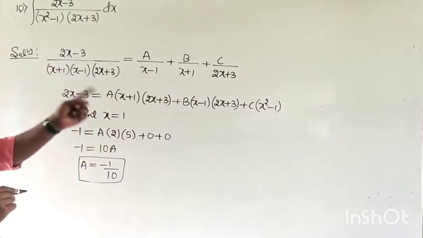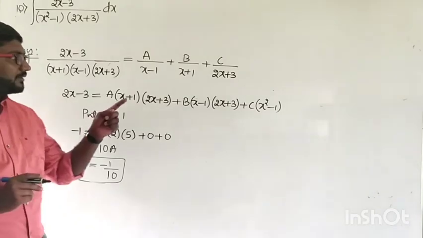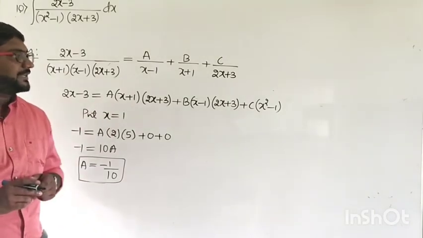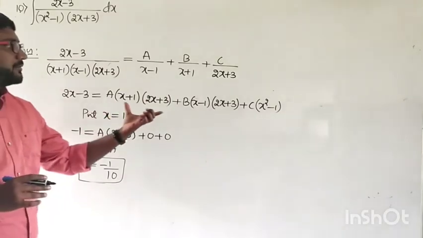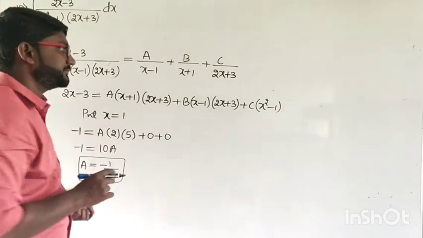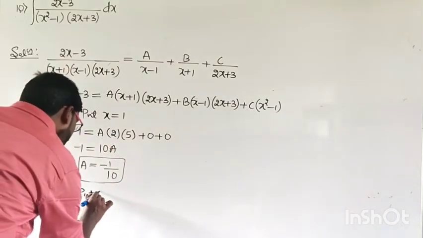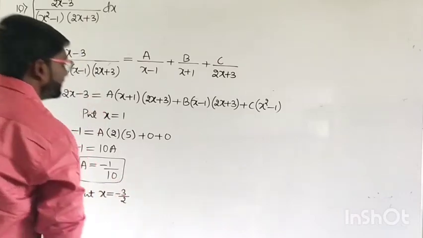Next we have to get the values of B and C. So here I go for x as minus 3 by 2. Then we get the value of C. Put x equal to minus 3 by 2.